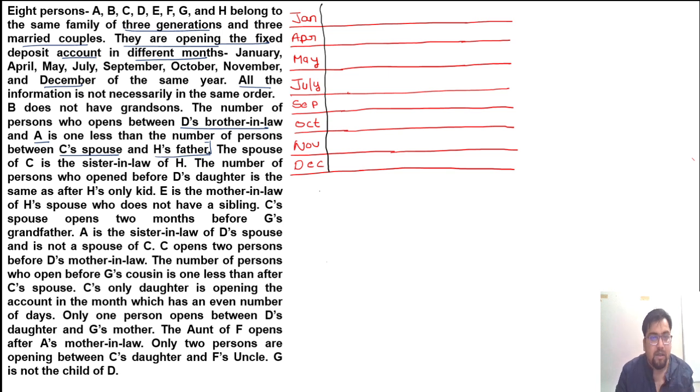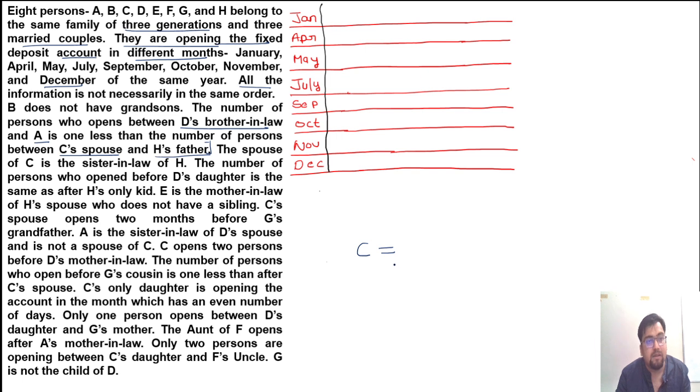Read it further. The spouse of C is the sister-in-law of H. Pick this line. I know that there are 8 persons, I know there are 3 generations, and I know there are 3 married couples. Now this line is telling me about the spouse of C. There must be a C, there must be C's partner.